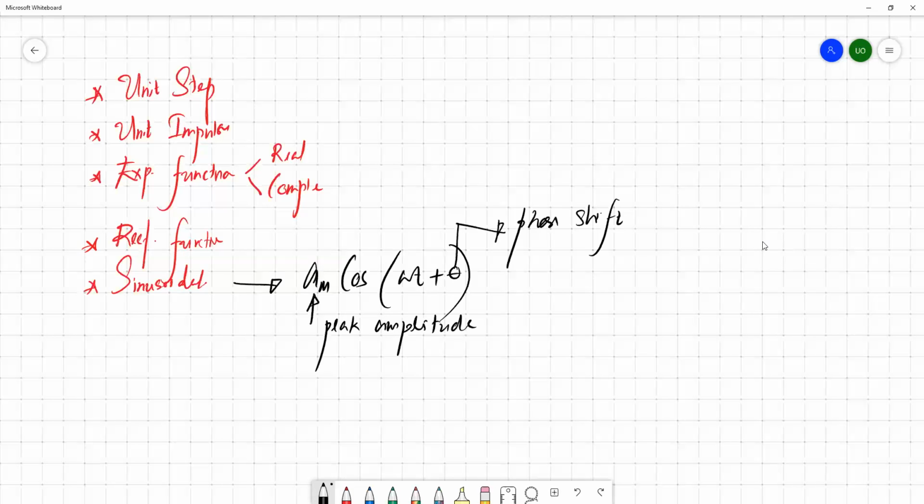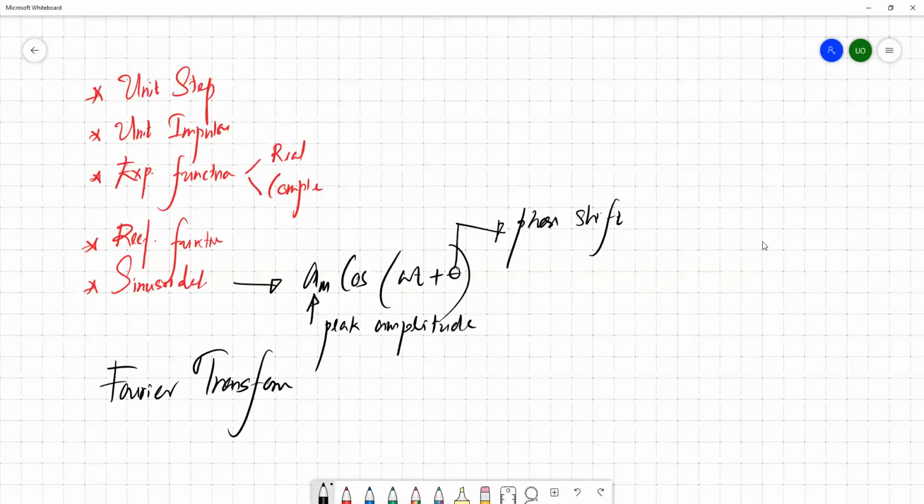These are the important functions in signals and systems. So you go through this. I shared this slide set and a couple of videos which describe this. Next time we'll try the Fourier transform.